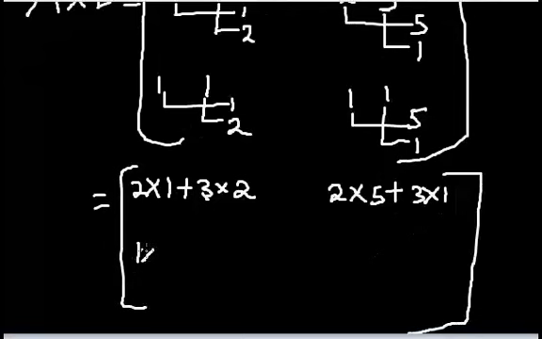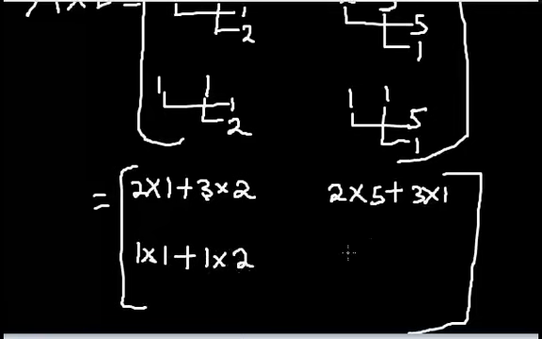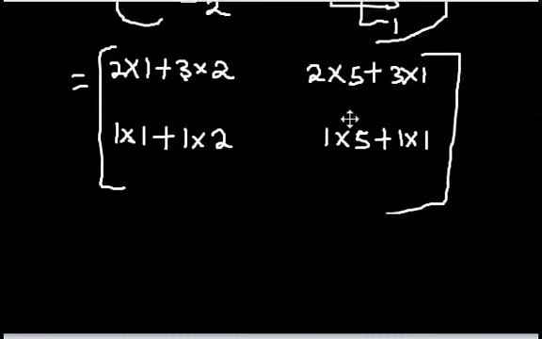So I'm having 1 times 1, then plus 1 times 2. This happens also that I'm going to have 1 times 5, then plus 1 times 1. Yes, I'm done.